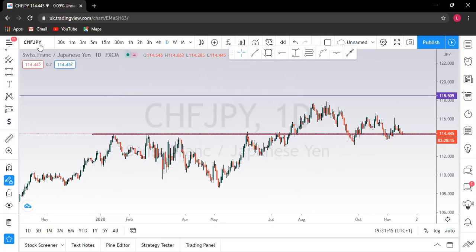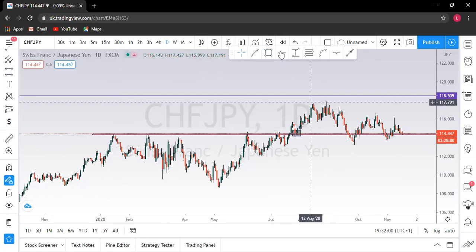Let me change the color. Can you see the way the market came down to retest it? Then after the retest, see what happened? The market pulled up to make this resistance.